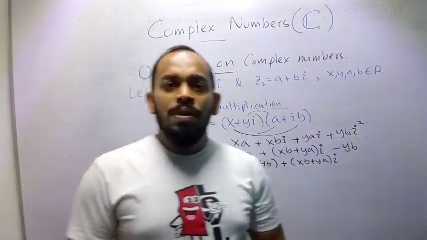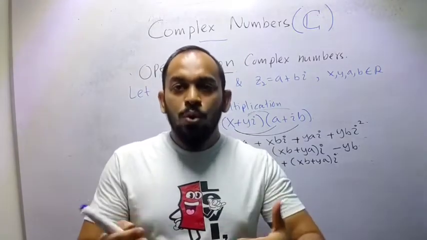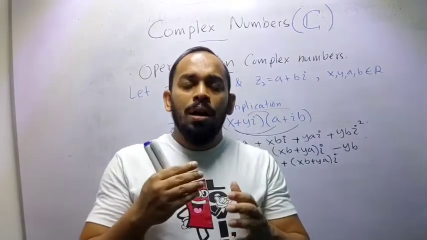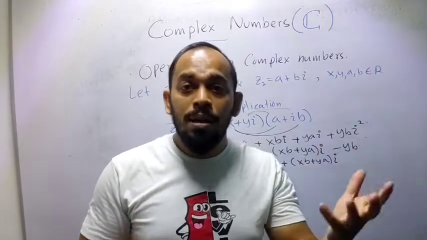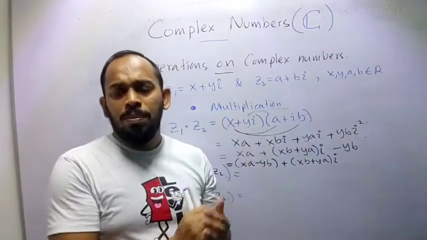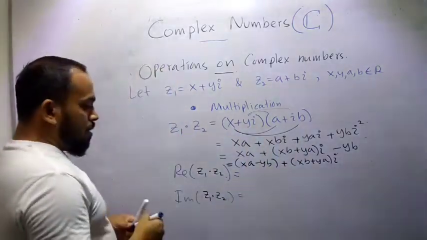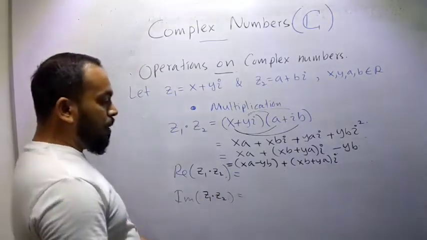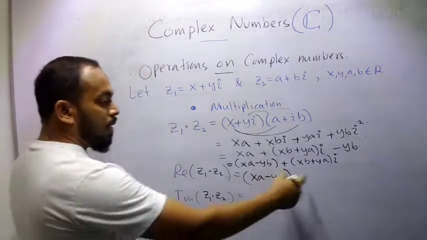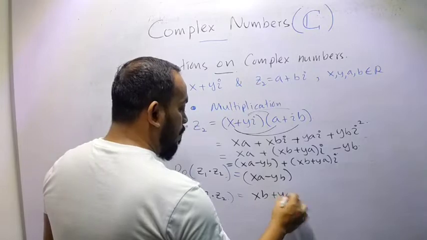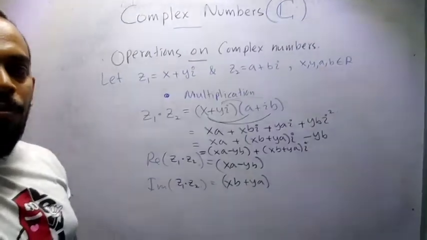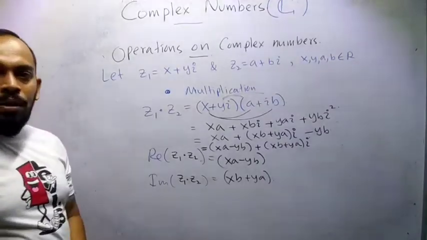So if a question asks you to show that the given operation gives you a complex number, then you have to represent the final result in the general representation of a complex number, real part plus imaginary part. That's how you show. So the real part is xa minus yb, and the imaginary part is xb plus ya.